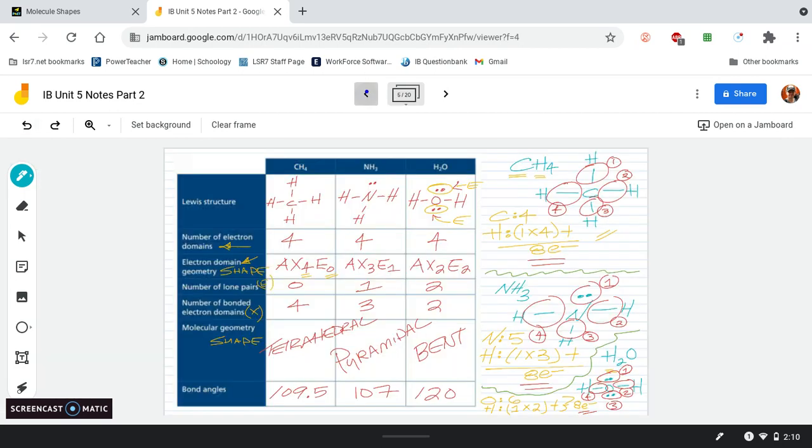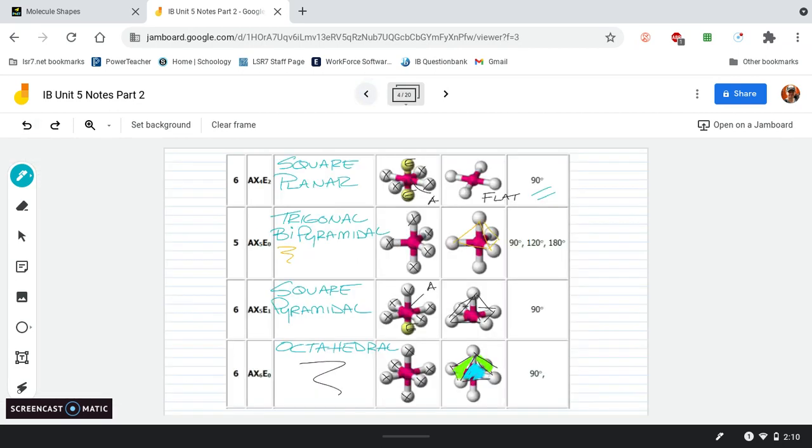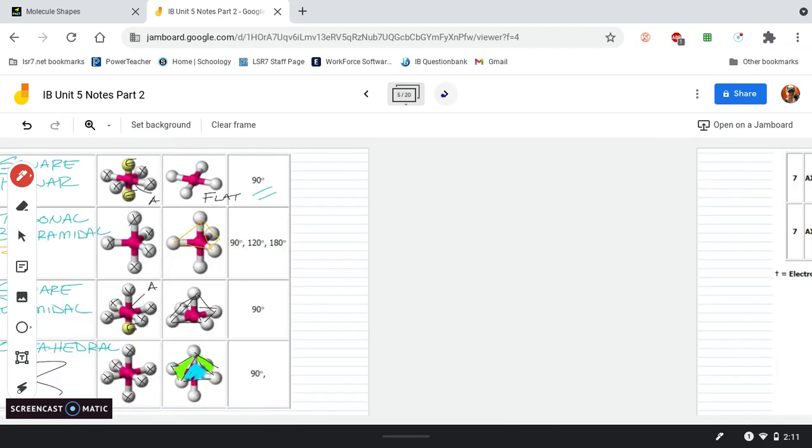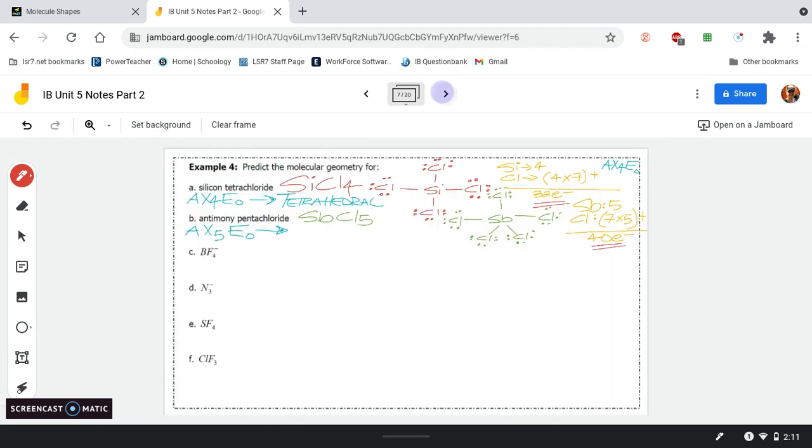Let's go back, look that up. Remember, you're referring to this. Here it is. AX5E0, trigonal bipyramidal. So you can see that if you didn't have that memorized by the time you take the test, that's going to be a bit of a problem.